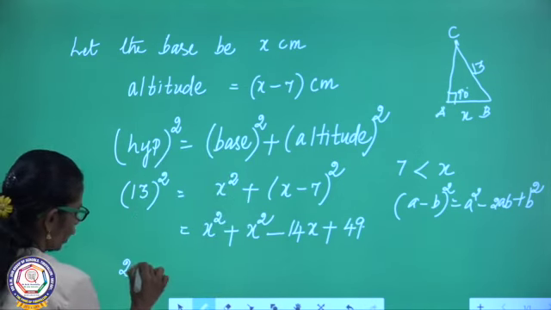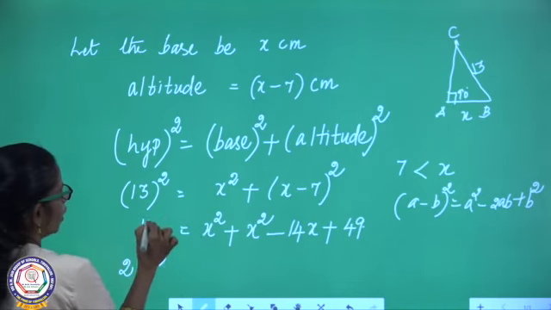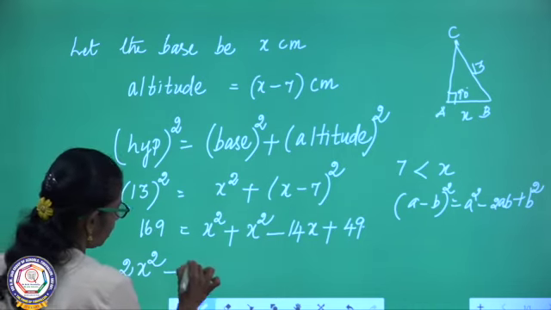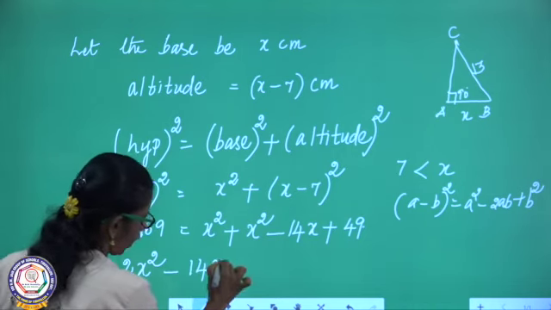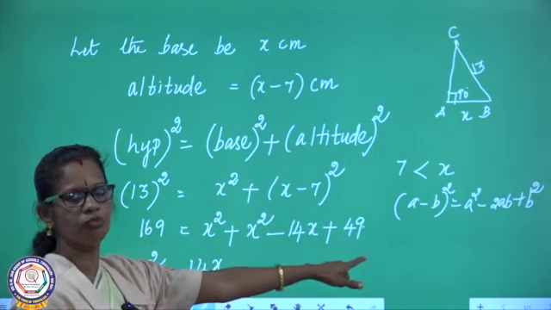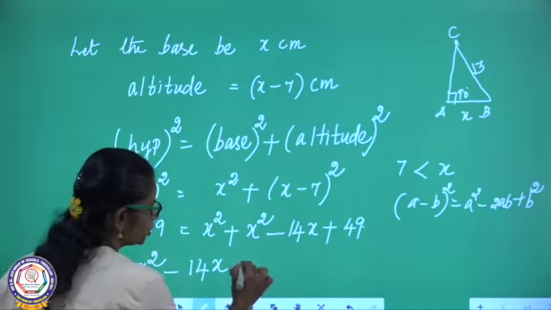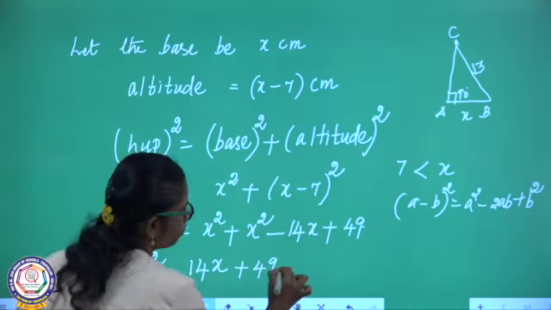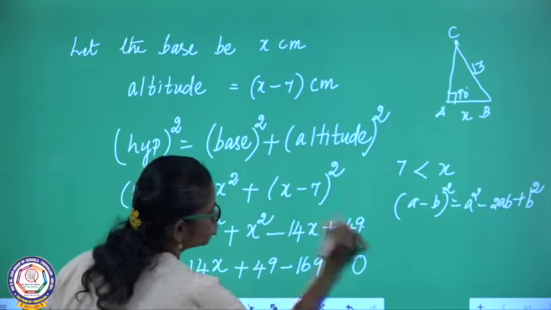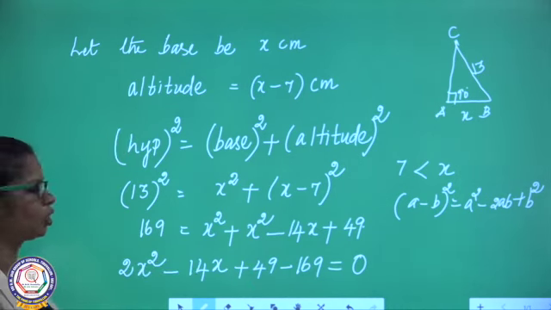Now 2x square, here 13 square you know 169. 2x square minus 14x plus 49 minus 169, you shift to the opposite side, you will get it as minus. So equal to 0. The statement you arrived as a quadratic equation.